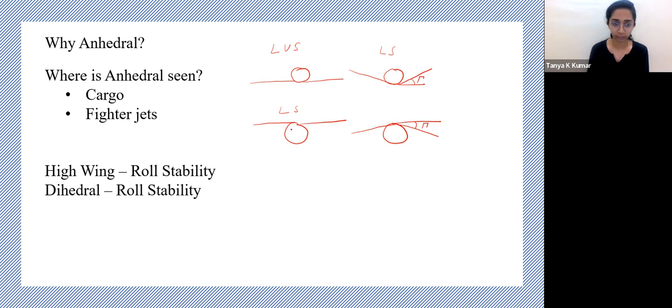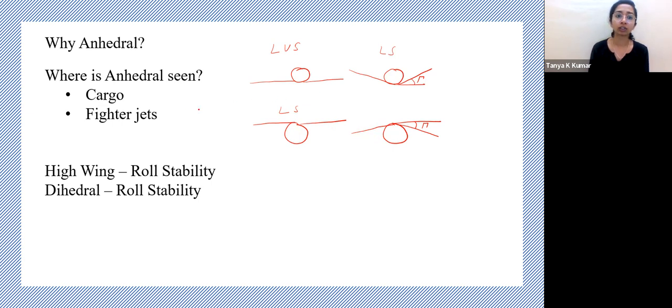For fighter jets especially, we do not require it to be as stable as passenger aircrafts. So we need to introduce some, you can't really say instability, but it contributes towards helping in the roll control. This anhedral angle does not tend to bring the aircraft back to the equilibrium condition when it is rolled to the left or right.